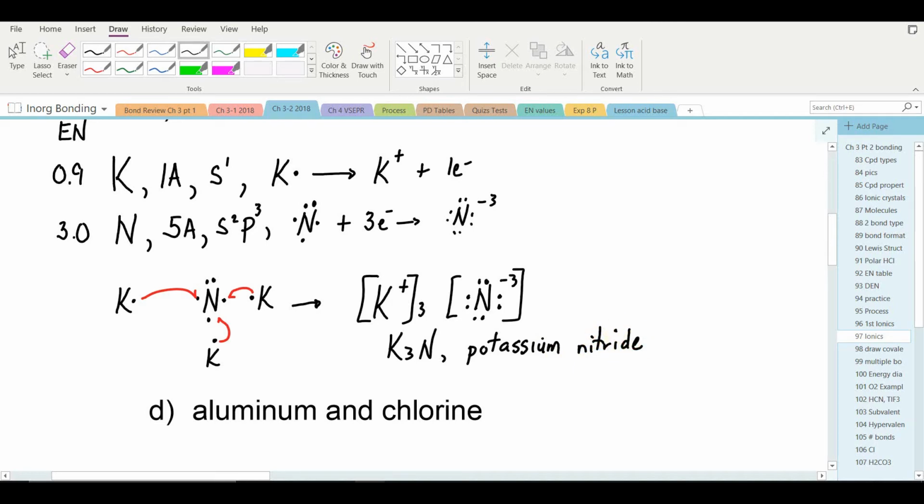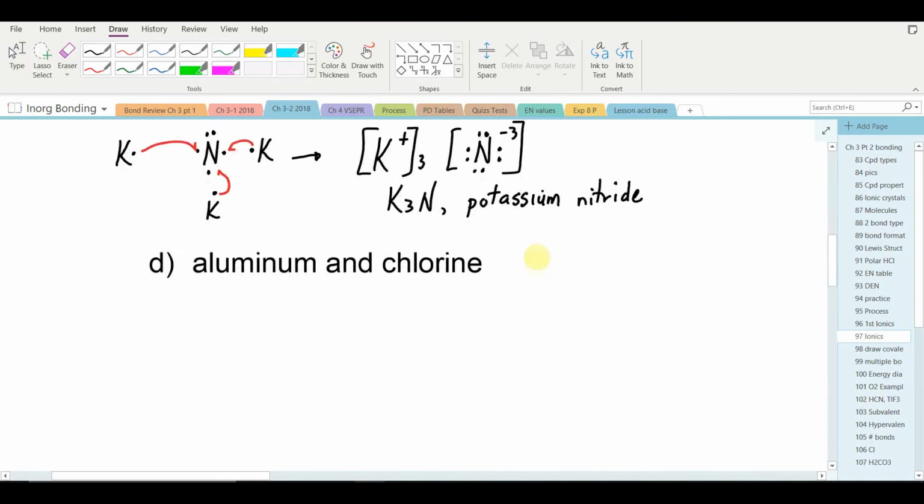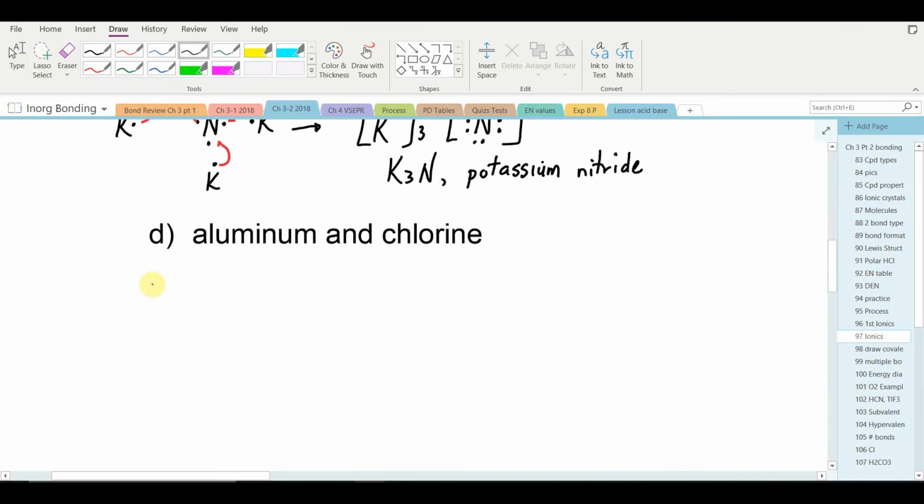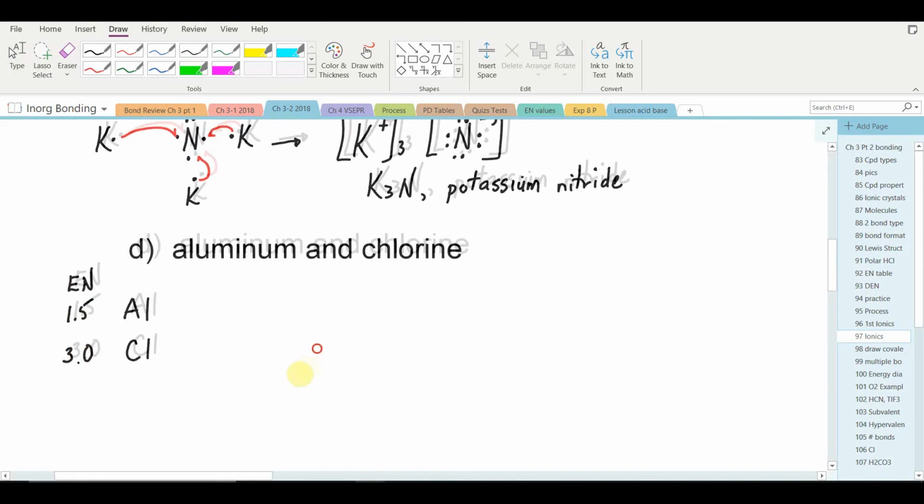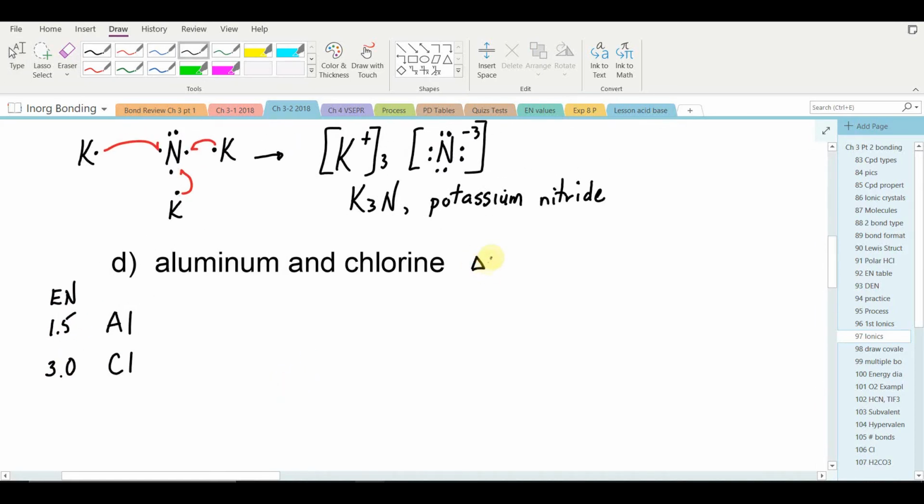Okay? Next one's aluminum and chlorine. So aluminum and chlorine, the electronegativities, aluminum is 1.5, chlorine is 3.0. The difference in electronegativity for a chlorine to aluminum bond, 3.0 minus 1.5 is 1.5.